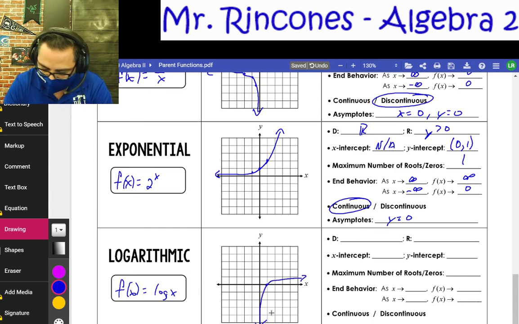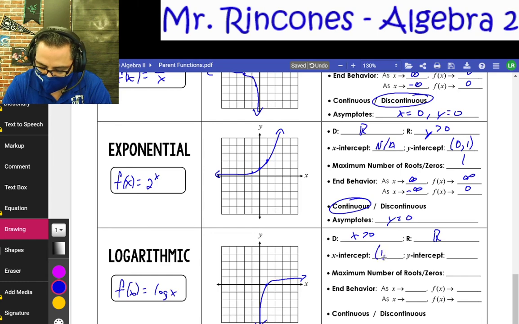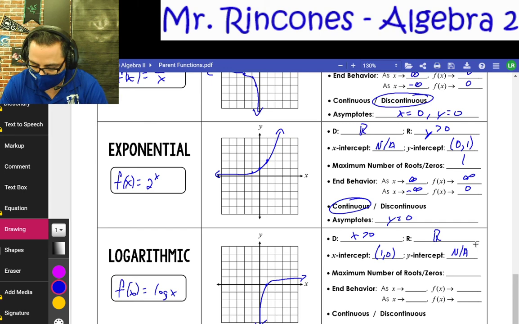Okay. So x is greater than 0, so that's my domain. My range is all real numbers. The x-intercept is 1, 0, and the y-intercept is none. It doesn't quite get to the y-axis.